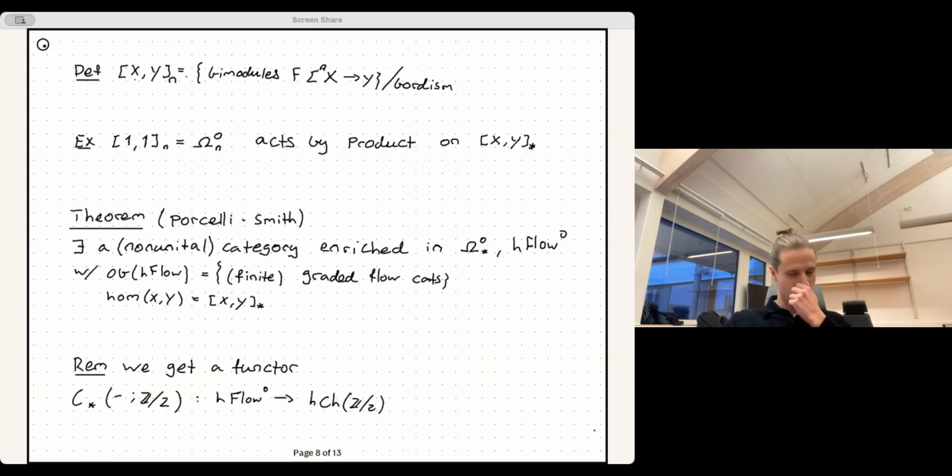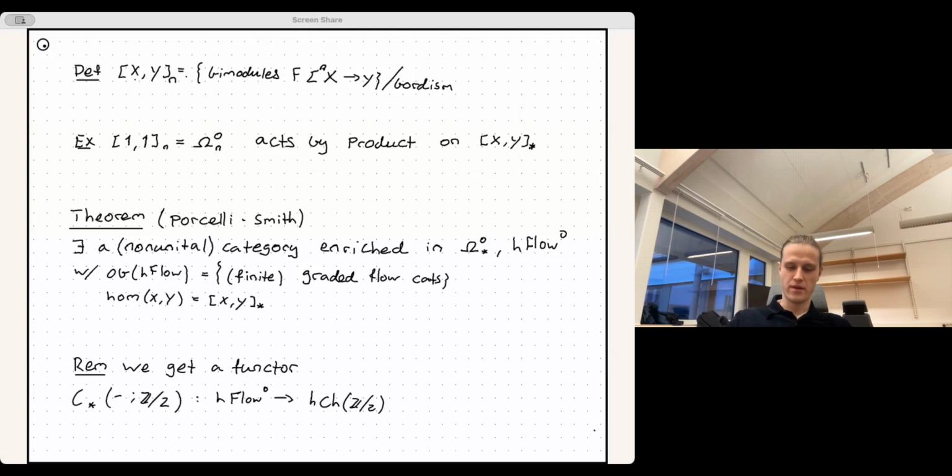Okay, so now we can define, for two flow categories X and Y, the set of bimodules between them up to bordism. And if I want to, I can actually get some grading on this by considering all suspensions of X as well. So I guess this is a definition slash proposition by Porcelli-Smith, which is telling us that bordism is actually a well-defined equivalence relation here.